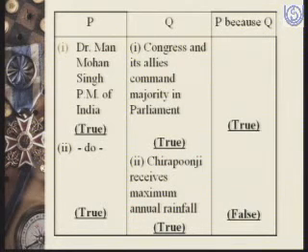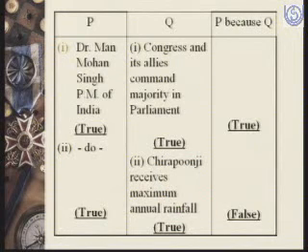The first is true, the second is true, and the whole statement with "because" is also true. But on the other hand, think of another set of statements given on the slide.